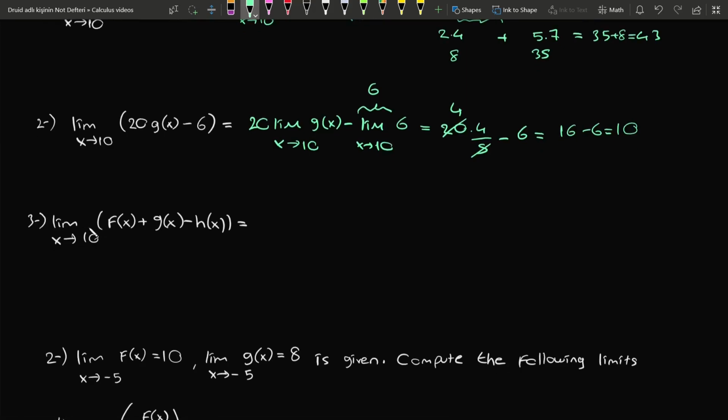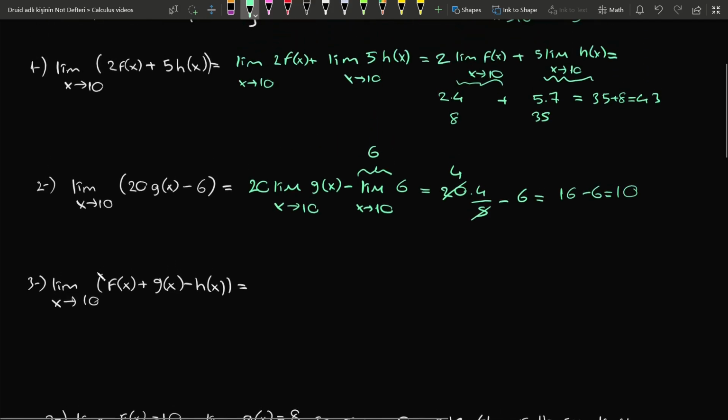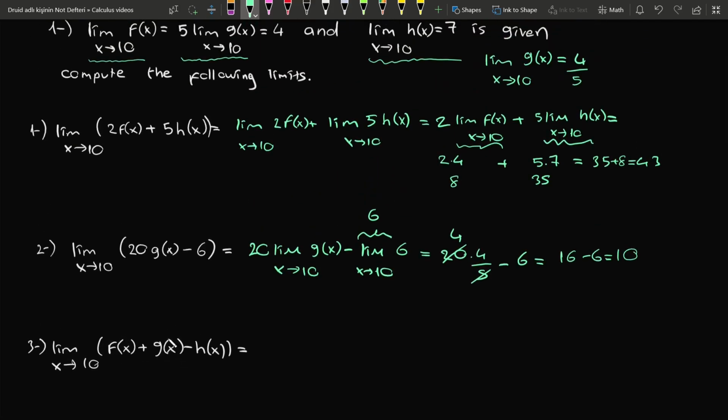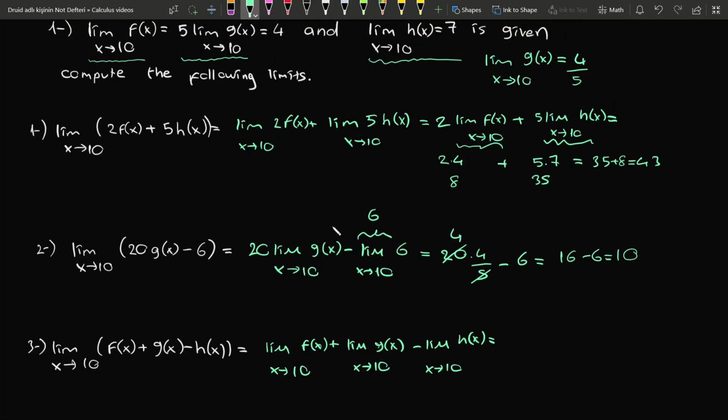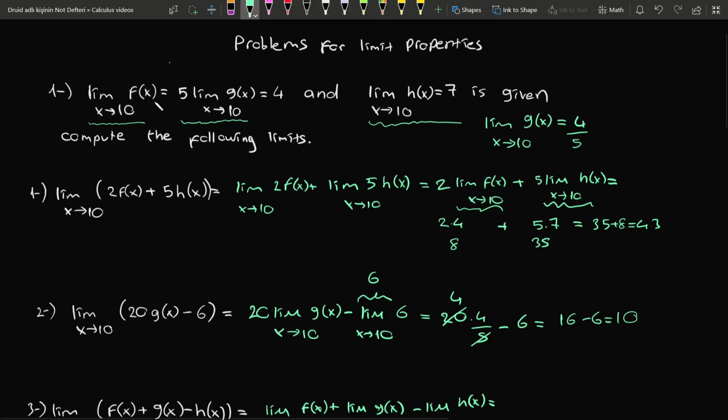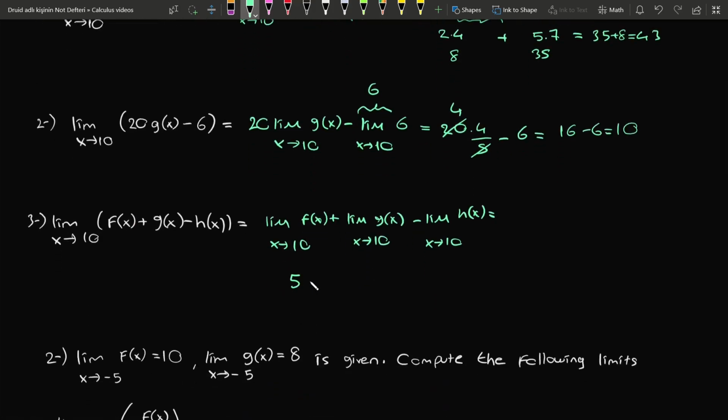Now the last question is the limit of f(x) plus g(x) minus h(x) as x approaches 10. So we will add f(x) and g(x) to each other. We know that we can separate these. Let's separate them: the limit of f(x) plus the limit of g(x) as x approaches 10 minus the limit of h(x) as x approaches 10. So now I know this is equal to 5.